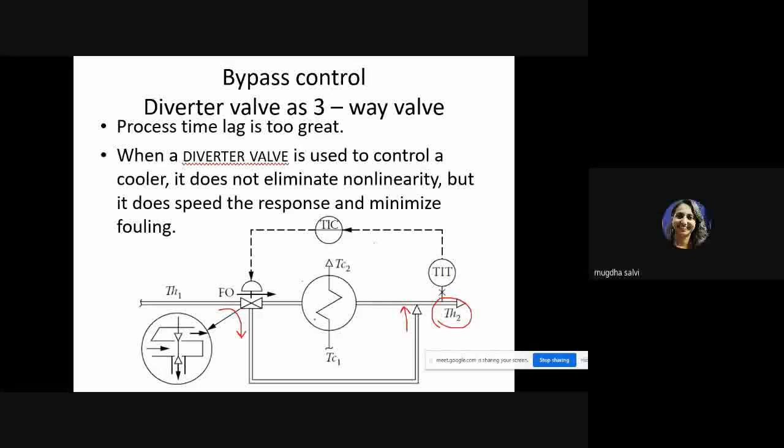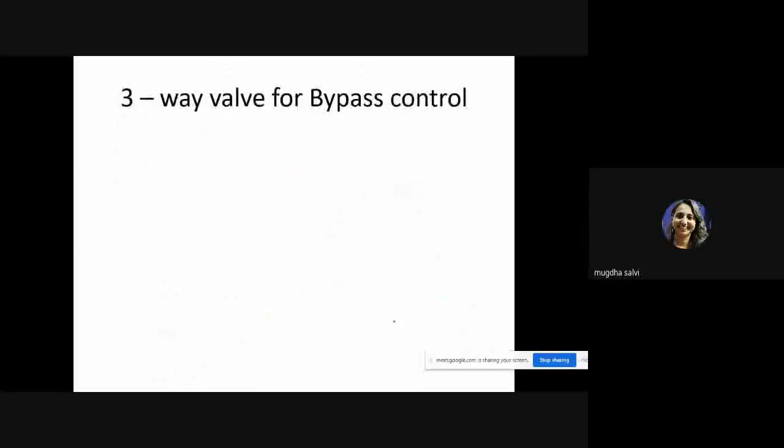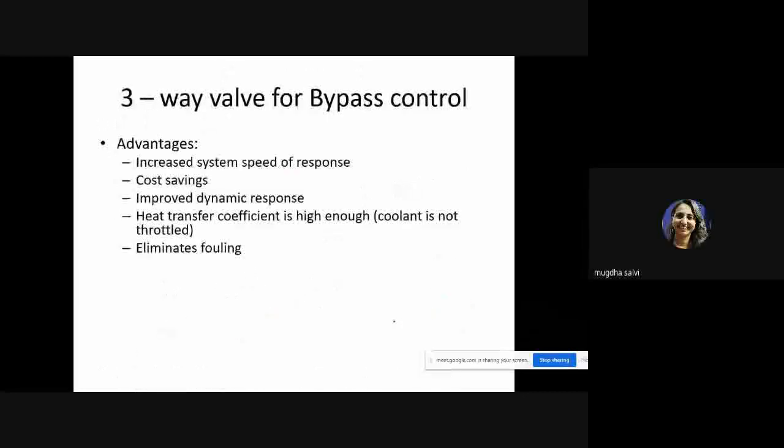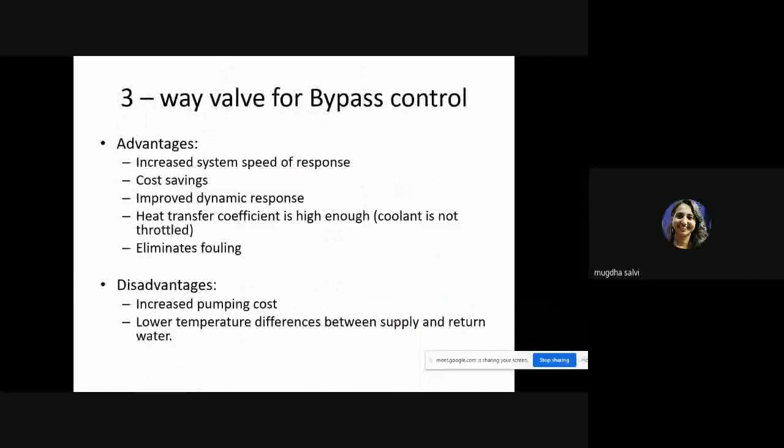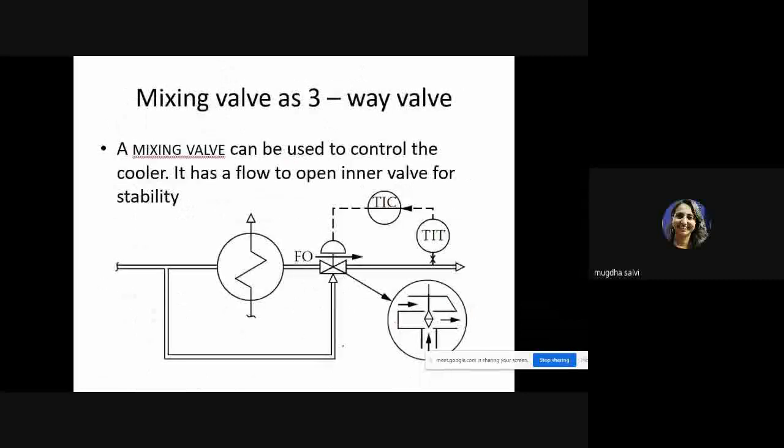And when not required, I could simply cut it off and it could flow normally through the heat exchanger. So I'm diverting the fluid and I'm adding it to the exit line. So here are some advantages and disadvantages of using it. But we'll directly go to the mixing valve example.